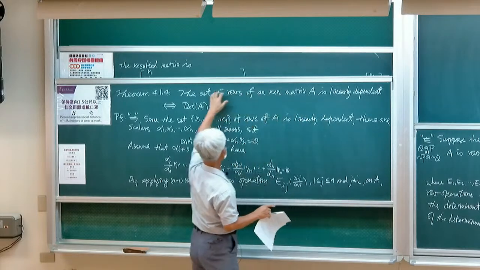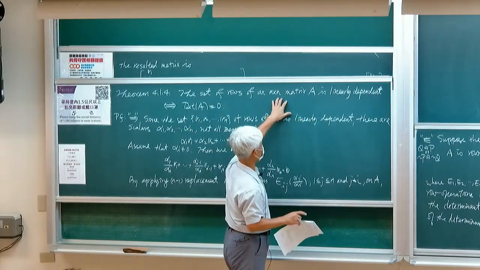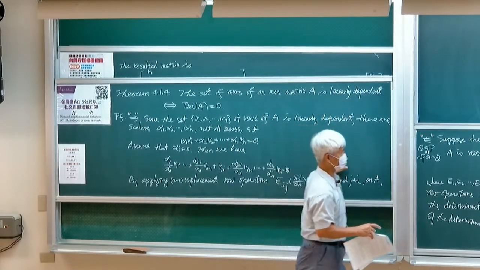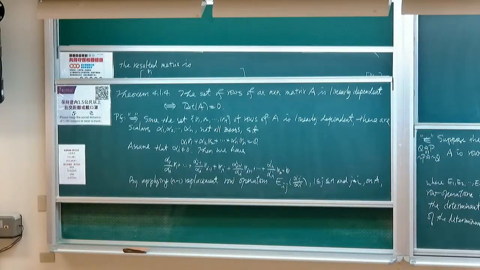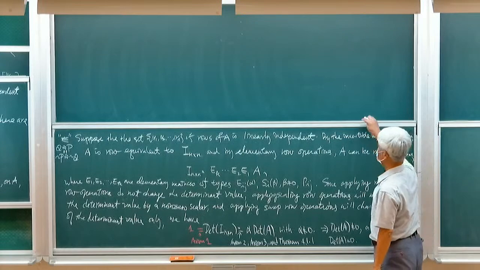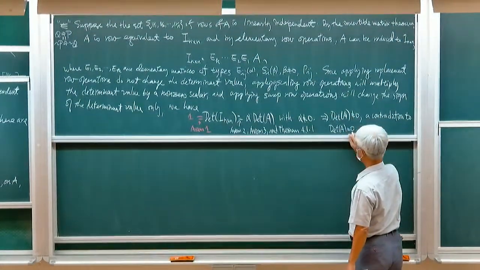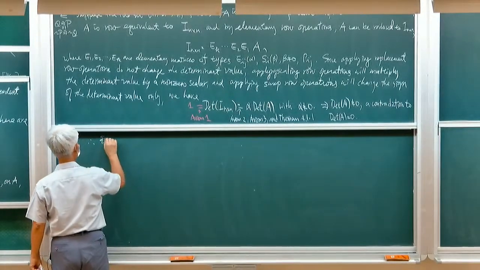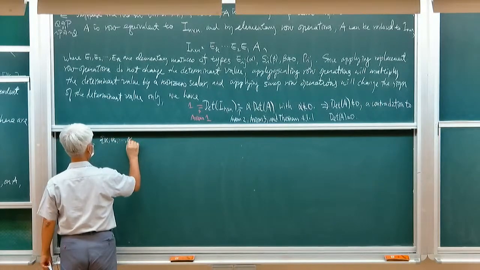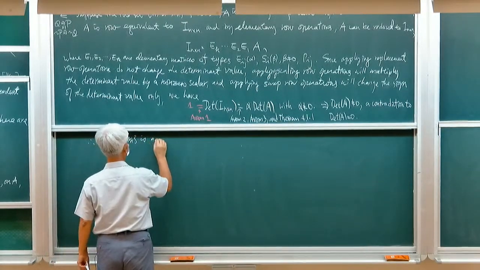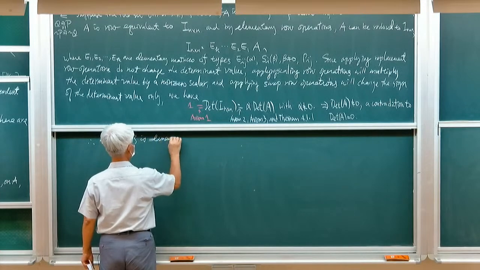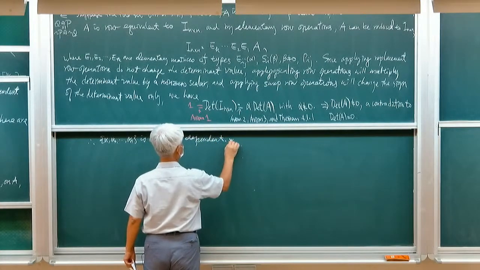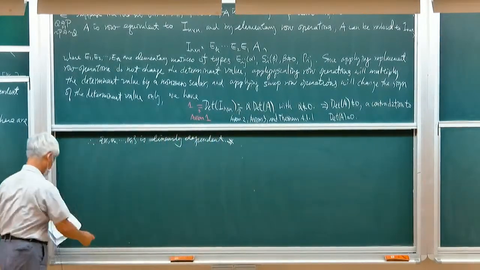But when we suppose that this set of rows is linearly independent, we find that we have a contradiction. All right, so the set is linearly dependent. Okay, so we have done.